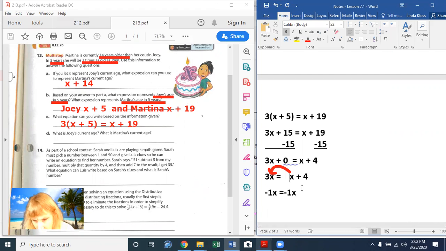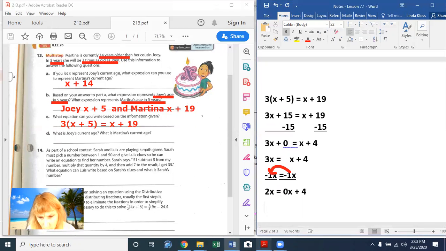Now that will give us 3 minus 1x, 2x equals, what is a positive 1x and a negative 1x? That should be 0x plus 4. We are going to drop the 0.